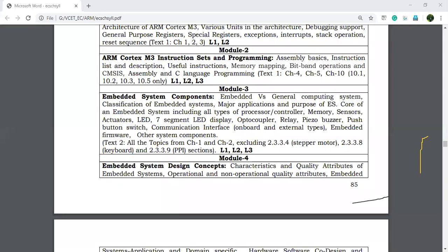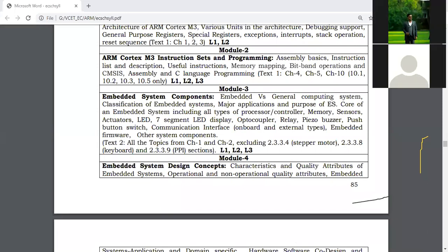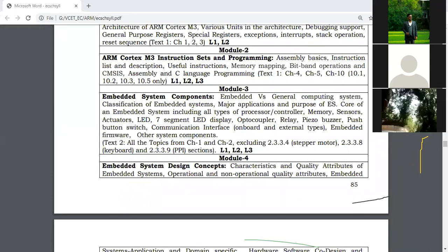Coming to the application area, a lot of applications you can find in your day-to-day life. You can just go through it, like consumer electronics, camcorders, cameras, household appliances like televisions, washing machine, DVD players, fridge, microwave, and so on. Home automation as well as security systems.